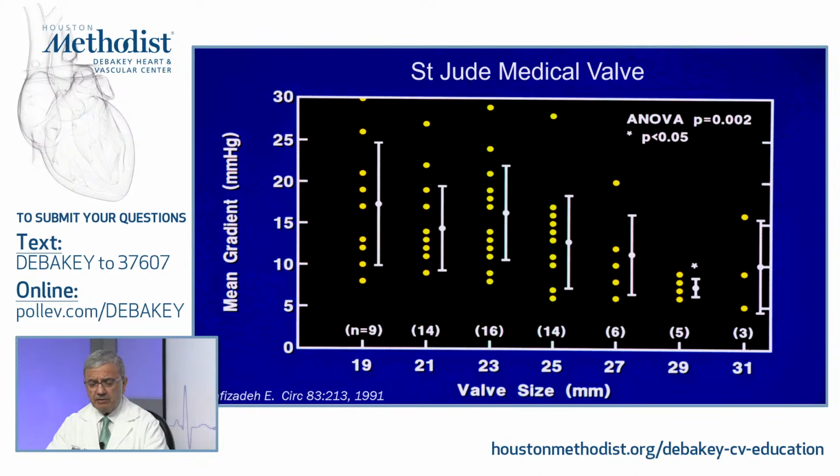It's interesting here that in this very early publication, still very relevant, of a St. Jude mechanical valve, we know the size of the valve, and despite knowing the type as well as size, there is a lot of heterogeneity in these normal valves of mean gradient, and that will be the same for velocity itself, which tells you also that one of the components is actually flow through the valve.